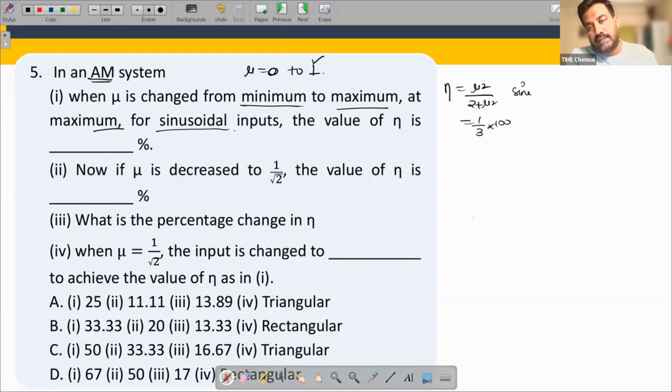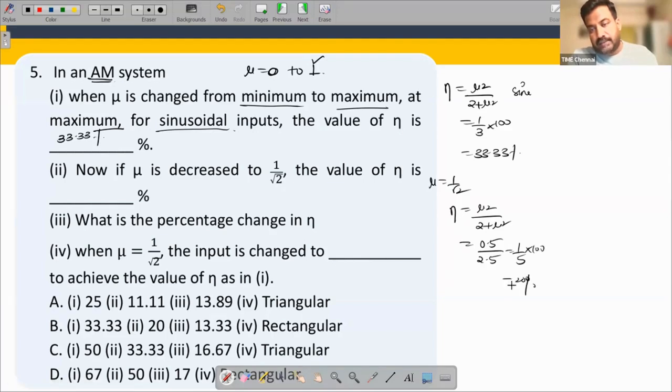You want it in percentage, 33.33%. If mu is decreased to 1 by root 2, the value of eta is mu square by 2 plus mu square, 0.5 by 2.5, that's 1 by 5 into 100. That's 20%.